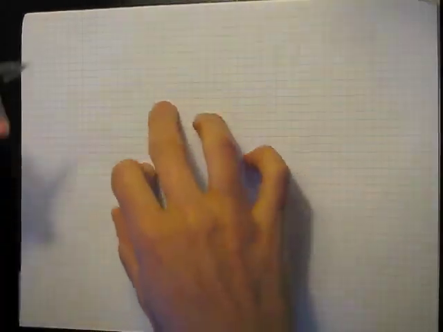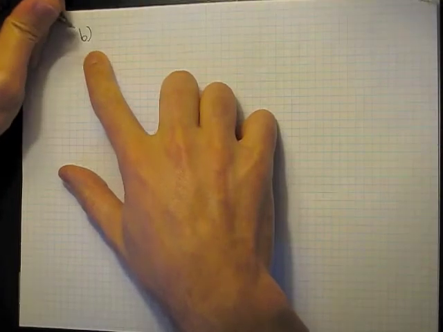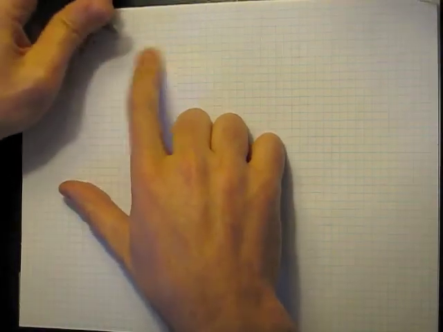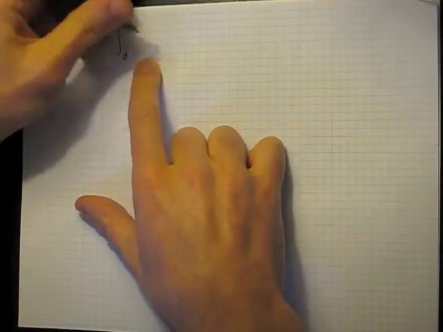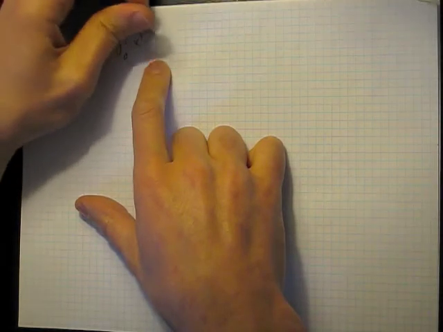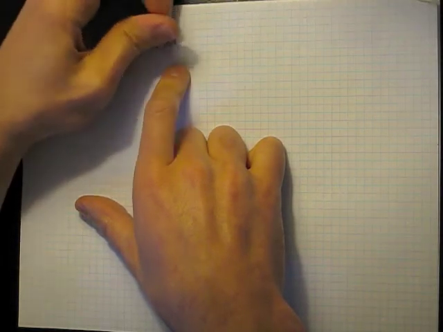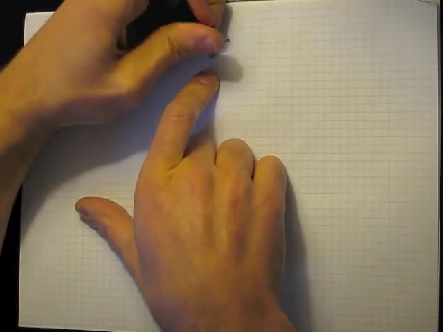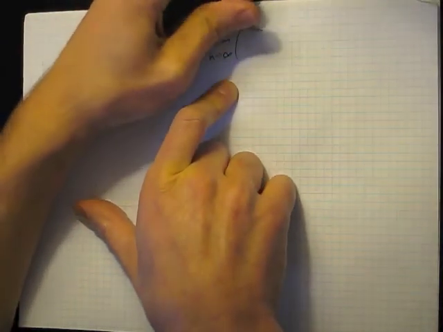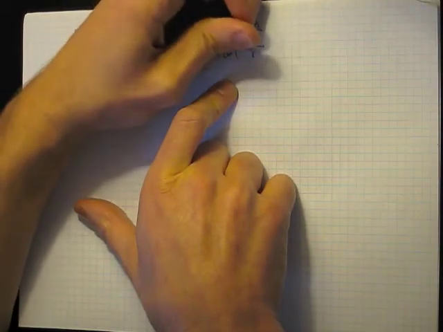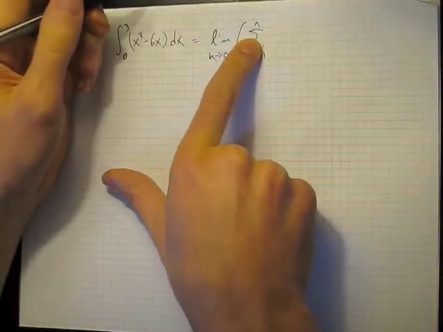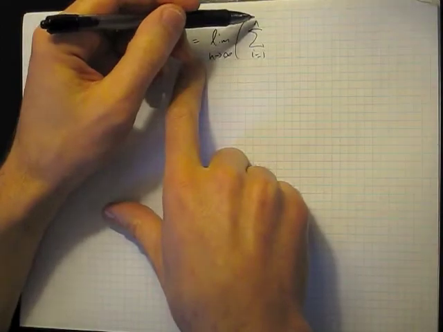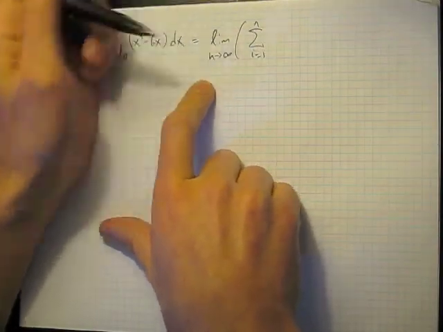All right, now let's answer part B. So we want to compute this definite integral using the right-hand definition of a limit of Riemann sums. So we're summing from 1 to n. Now n is not 6 anymore. n is going to grow without bound here.